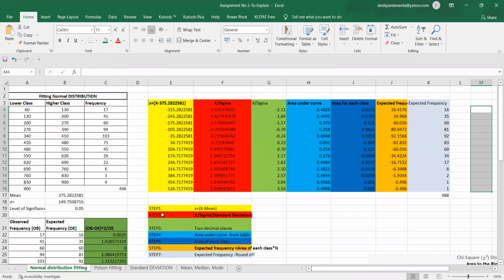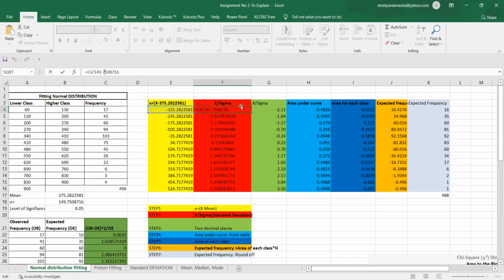Now, in step 2, you are going to calculate x upon sigma. What does x upon sigma mean? You have already calculated x. Here it should be small x. I've shown you this: you can go to the formula bar and click over here, and you can see which cells are being selected.